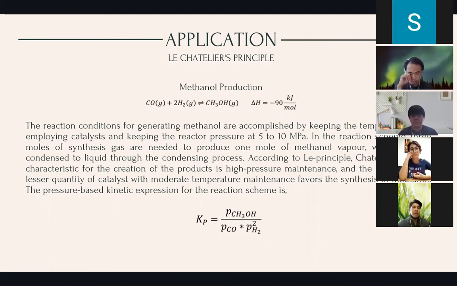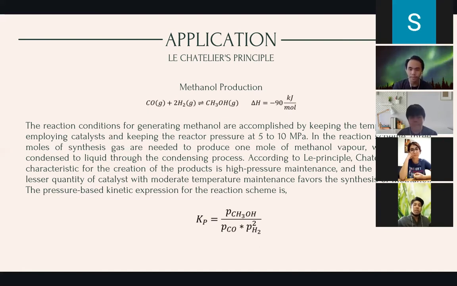And yes, methanol is used in fuel mixtures and is also very important as a commercial chemical. And the reaction parameters for producing this methanol are maintained by the temperature, by using the catalyst of the reactor, and pressure at 5 megapascal to 10 megapascal.